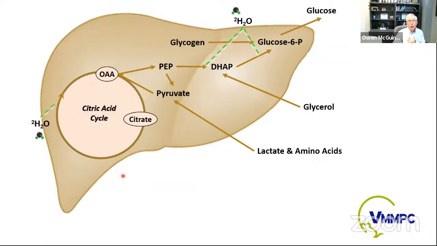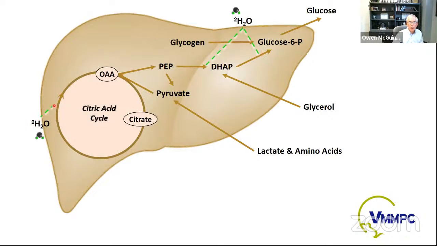And so when we give deuterated water, it is going to be incorporated into metabolic intermediates in the citric acid cycle, as well as the glycolytic pathway on the way to synthesizing glucose. That deuterium will incorporate in this place here, as well as just before glucose 6-phosphate. So therefore, any glycogen that comes out of G6P, because there's a rapid equilibrium here, will actually pick up this deuterium here.